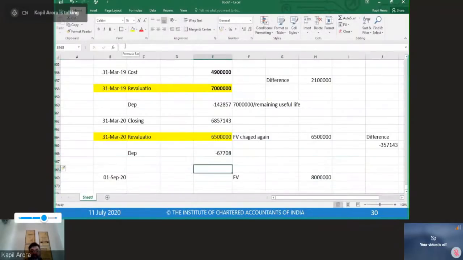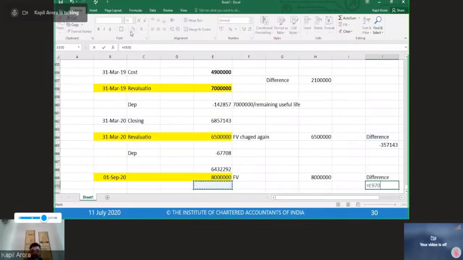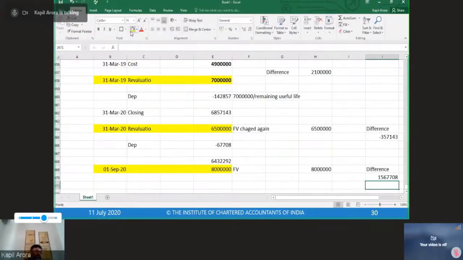And I will first get the values. The value is these two, which is 64 lakh 32,000. My asset on 1st September would be recorded at 80 lakh, and the difference would be 15,67,000 something.